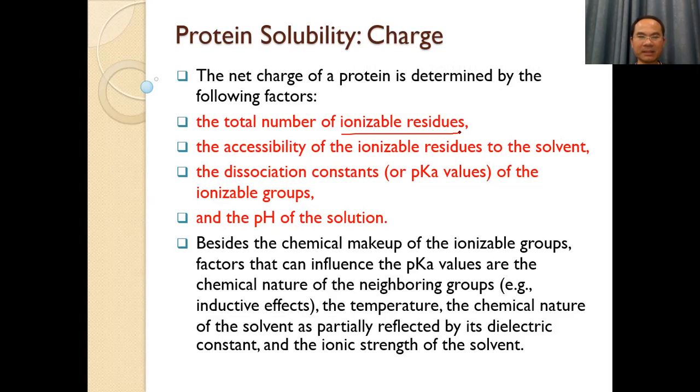Besides the chemical makeup of the ionizable group, factors that can influence the pKa value are temperature and the chemical nature of the solvent, like dielectric constant and ionic strength of the solvent. These affect the pH value.